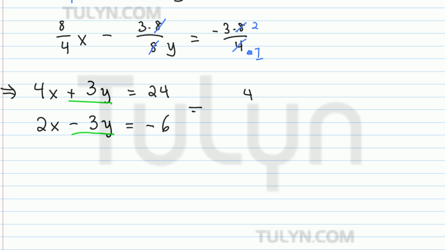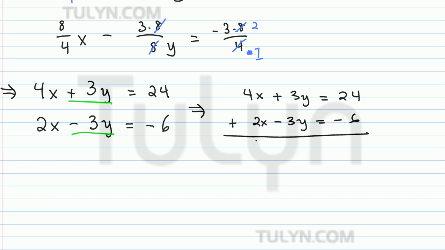We got 4x plus 3y is equal to 24, and we got 2x minus 3y is equal to negative 6. And now let's add them together. The x's become 6x. The y's are going to cancel out and give us 0. And then 24 minus 6 is 18.